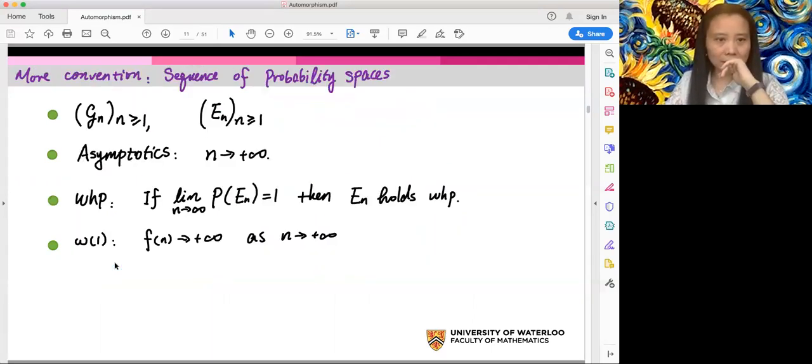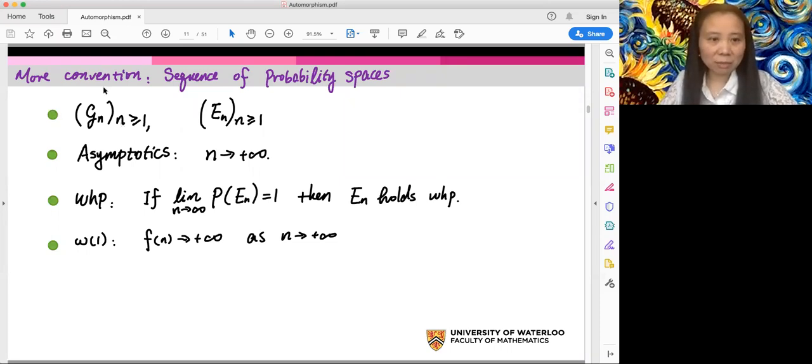All right, so a bit more convention for the talk. We are going to talk about probability spaces. Even though we say that graphs are defined on the set of vertices from 1 to n, eventually we are going to think about a sequence of random graphs, where the sequence is indexed by n, and n can go from 1 to infinity.